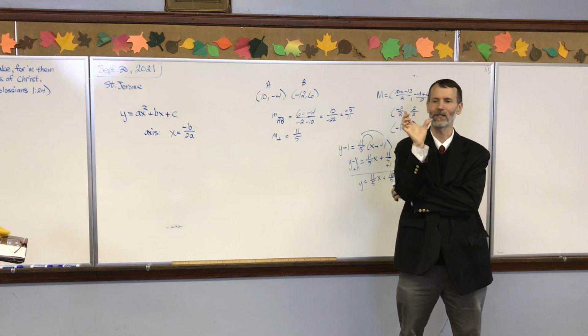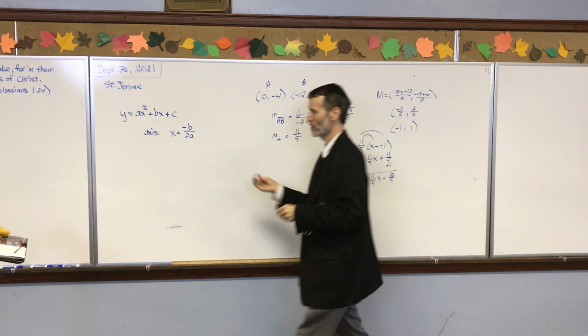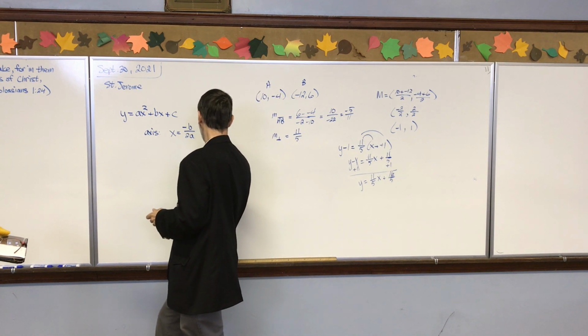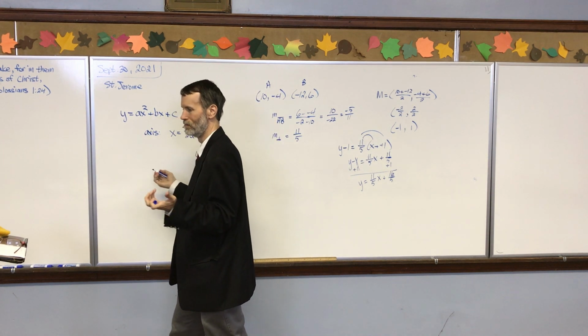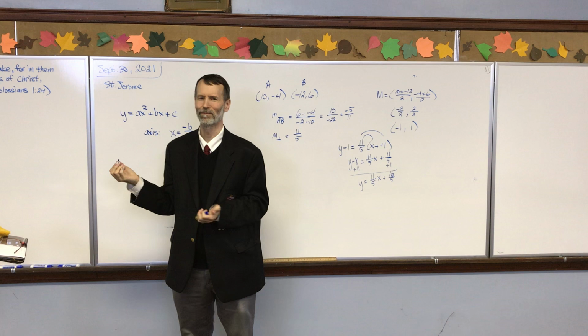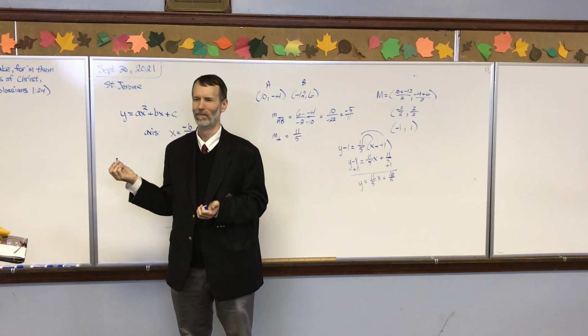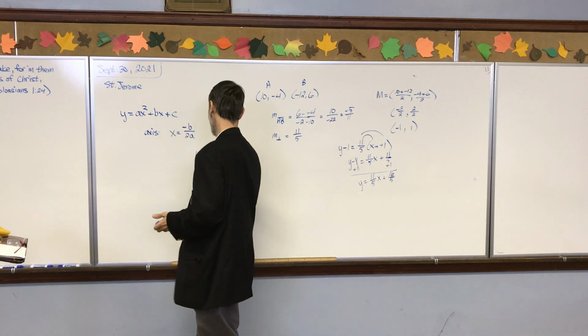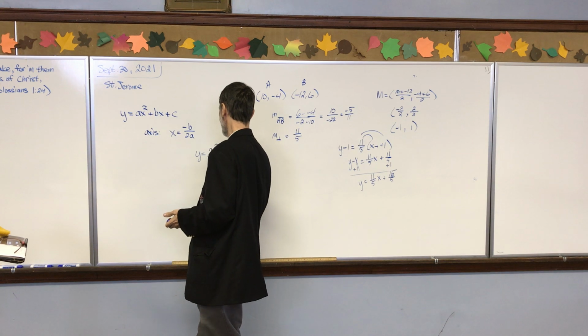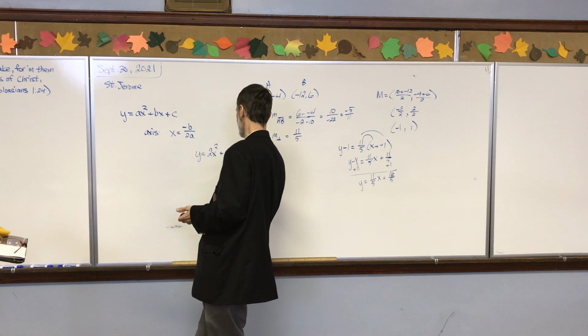So if I gave you, just hypothetically, y equals, should I give you the same one or a different one? Different one? Okay, I'll just make this one up. So 2x squared plus 10x plus 8.